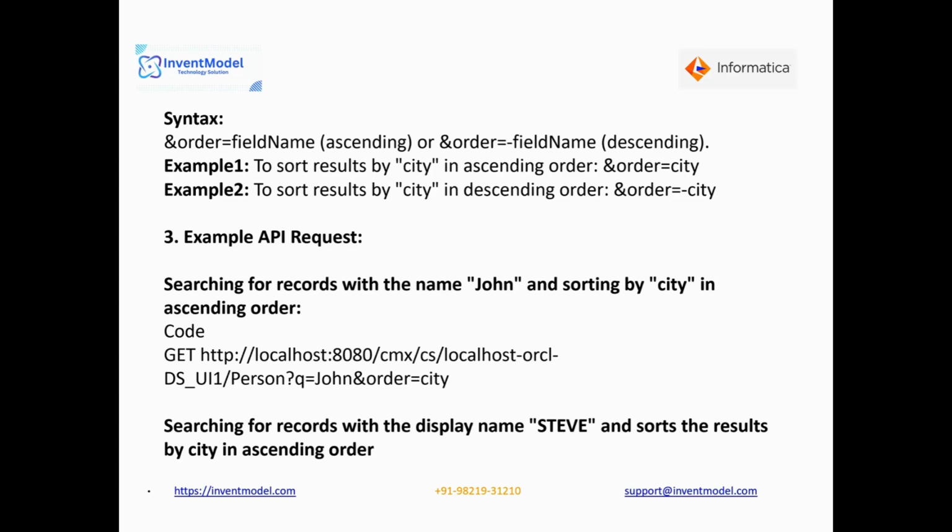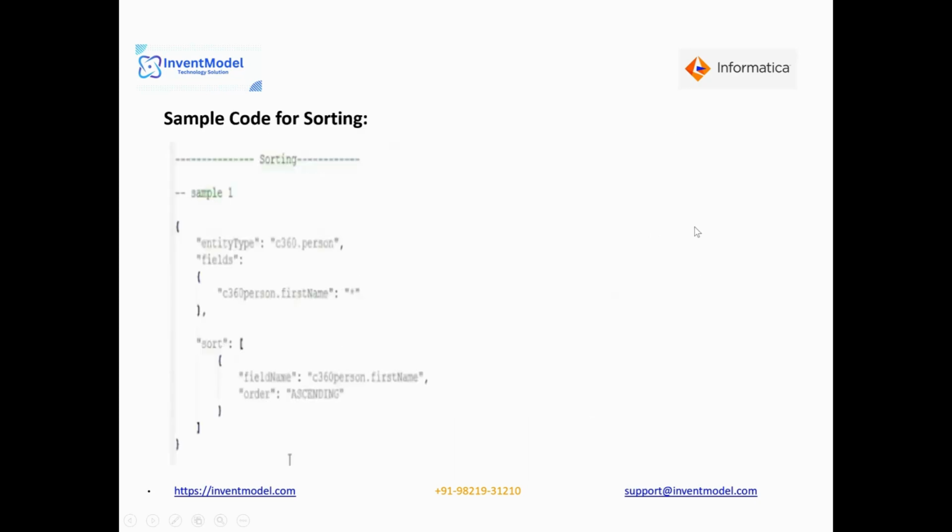The third option is an example of an API request: searching for records with the name John and sorting by city in ascending order. We can use this URL along with the entity, and then specify the ordering of the sort along with the entity and attribute names. In the subsequent slide, we will see exactly how we can do the sorting. Move on to the next slide, please.